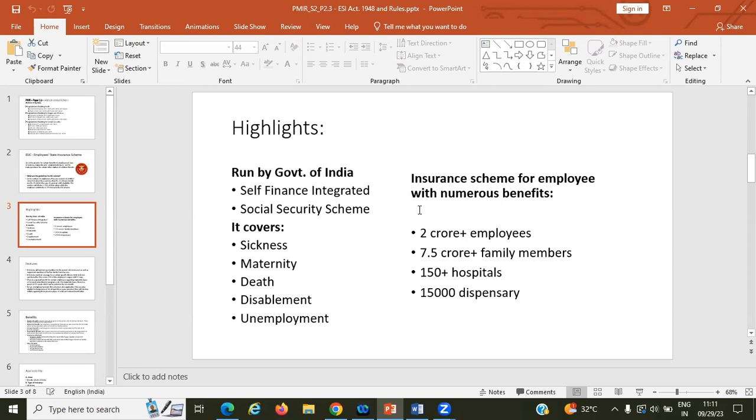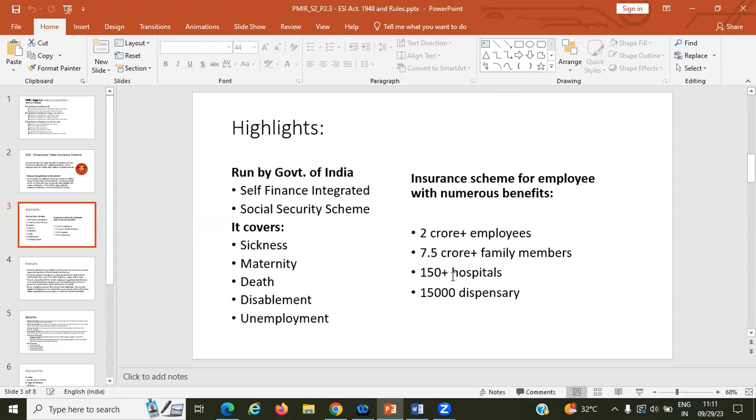So in ESI, family members are also covered. That is one important feature or note to remember. Family members are covered, 7.5 crore family members.